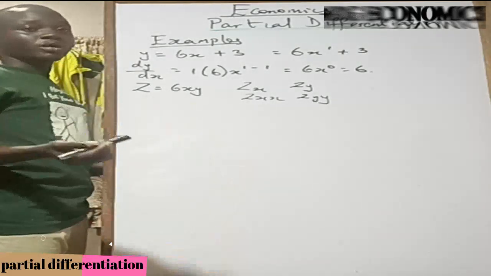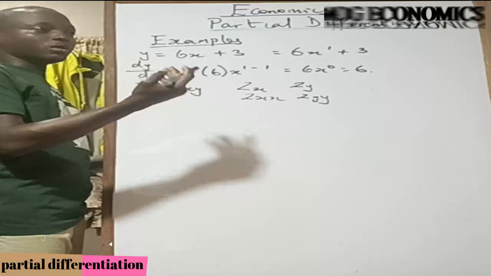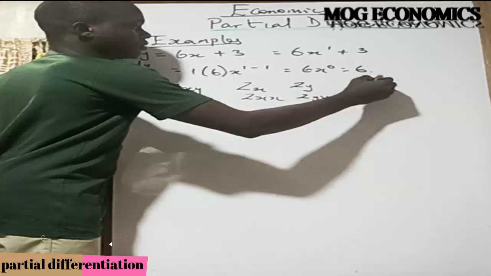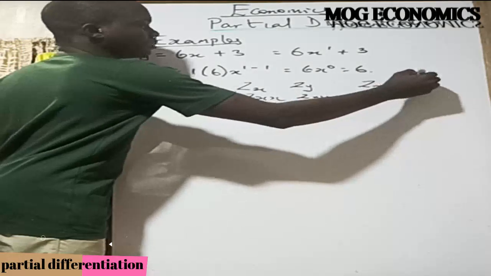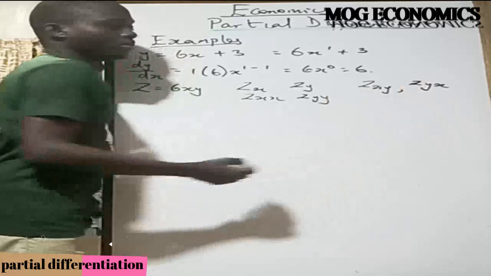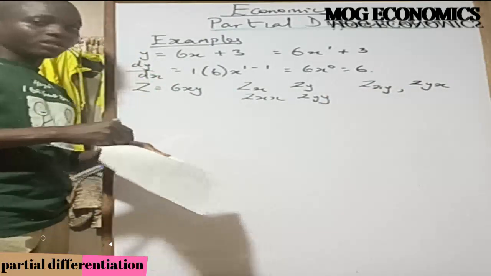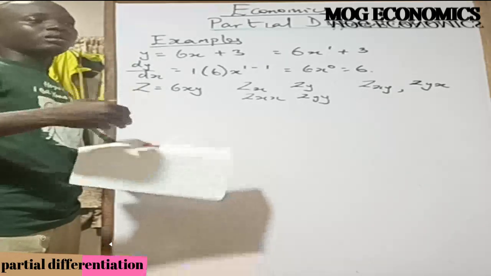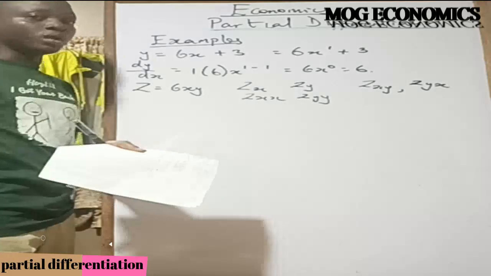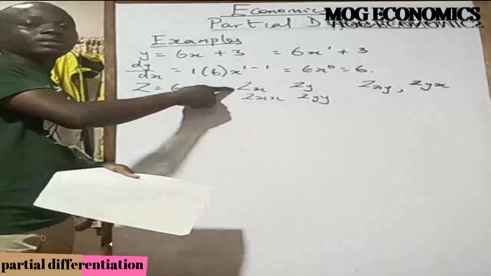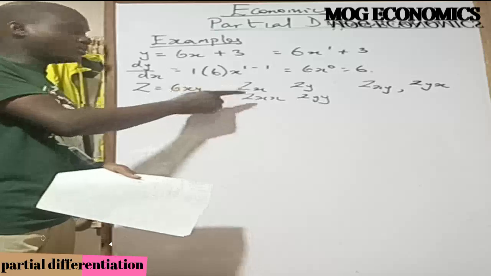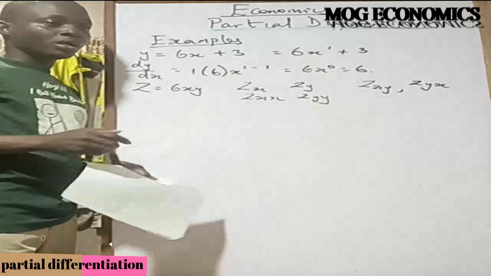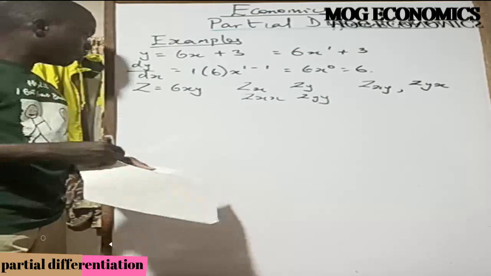So if you're looking for cross partials, you are going to have something like zxy or zyx. In zxy, you differentiated with respect to x initially. Now, instead of doing a second order derivative with respect to x, you're differentiating zx with respect to the second variable, which is y. So this is the first order direct partial derivative, this is the second order direct partial derivative, and this is not third order, it's just called cross partials.